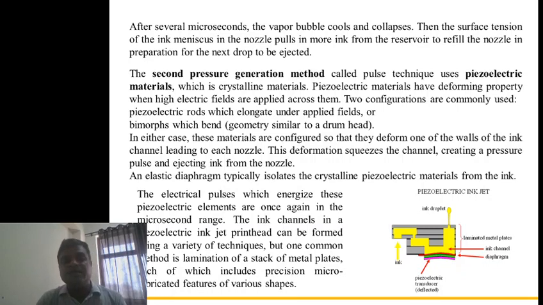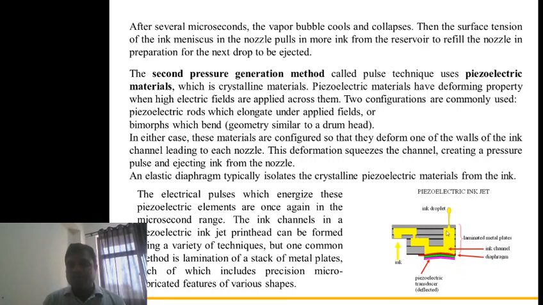I already explained that. The second pressure generation method is the piezoelectric. It consists of a piezoelectric material, which we also call the piezoelectric transducer. See this particular diagram, where there is a piezoelectric transducer.